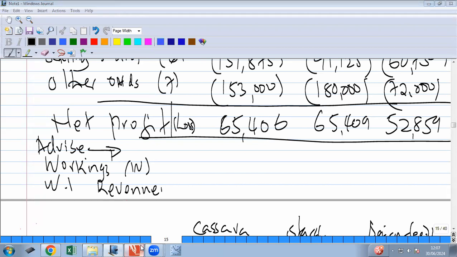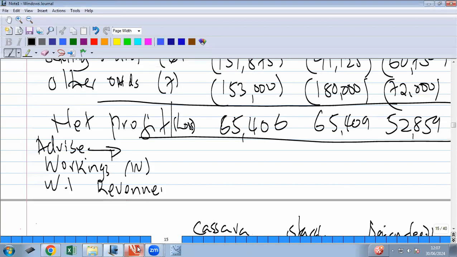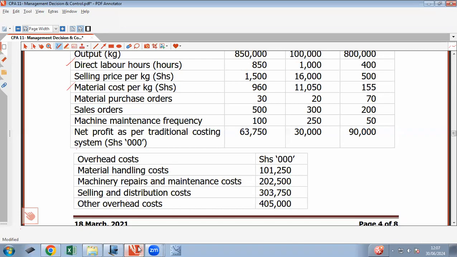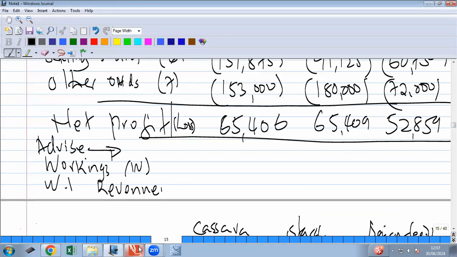Let us also look at starch. Here we have starch, and here we have 65. Is it better? Yes. Then let us look at the other one, dairy feed. We have 90 under traditional, and 52 under ABC. Should we shift or not?